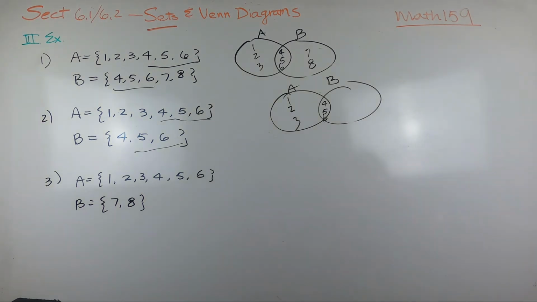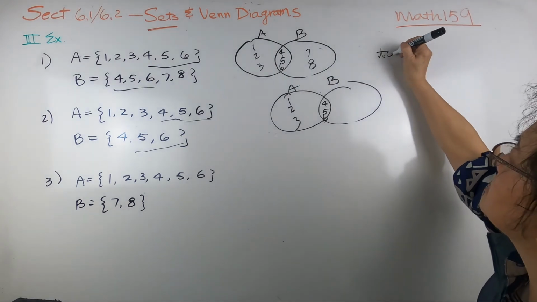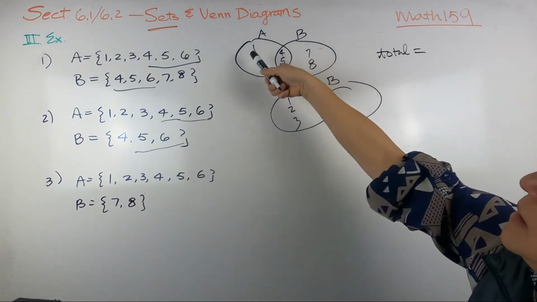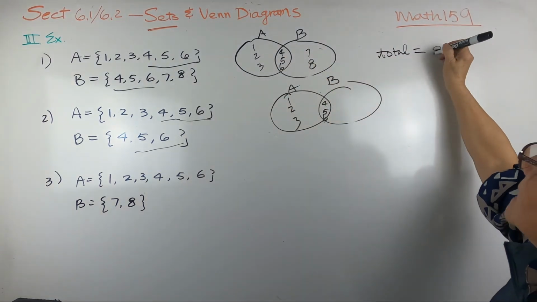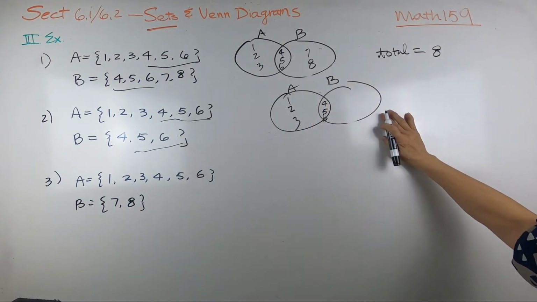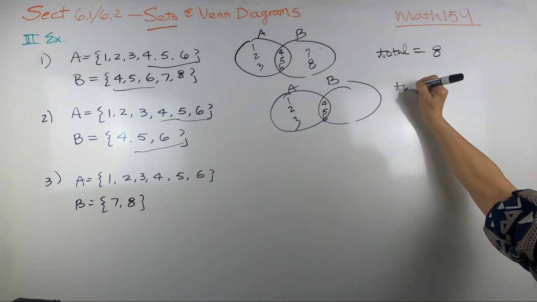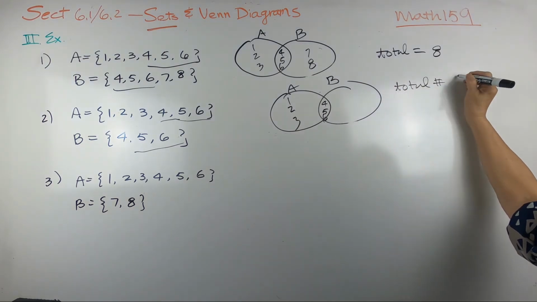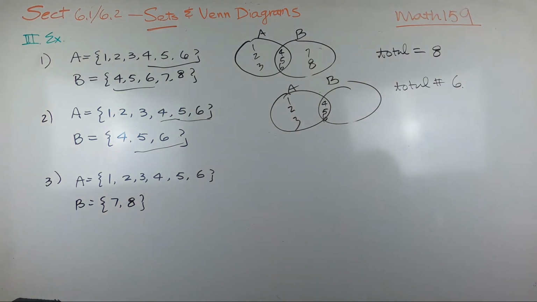Then for the cardinal number, the total would be 8, right? Then the total number for the other would be 6.